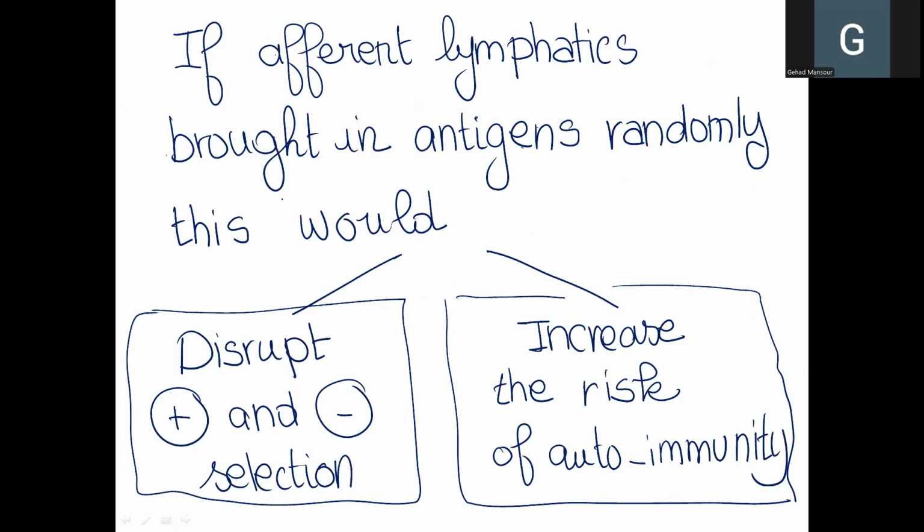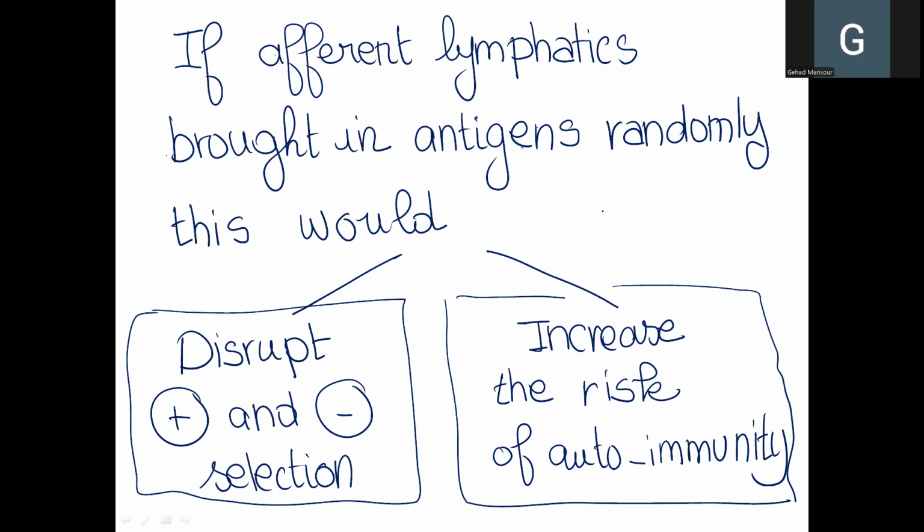So what would happen if the afferent lymphatics were in connection with the thymus and if they were allowed to bring in antigens randomly to the thymus? This would affect two things.